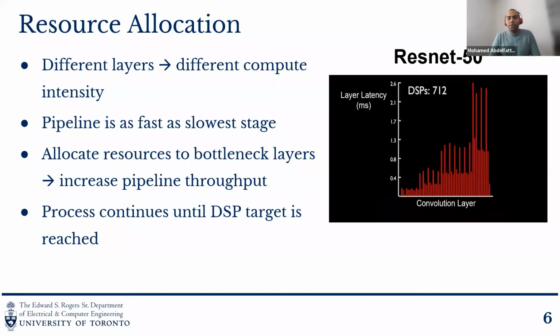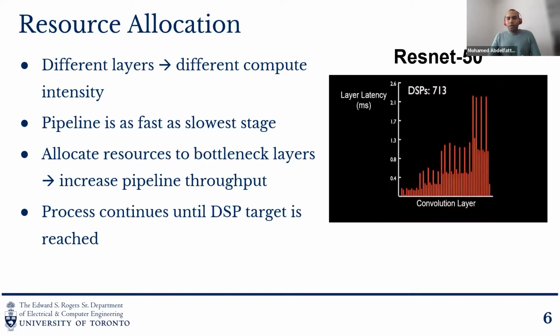On the right-hand side, you see this graph that has the convolution layers of ResNet 50 and the latency of each layer. And starting with a low DSP target like 700 DSPs, you can see that some layers on the right have a latency of 2.6 milliseconds, which limits the overall throughput of the pipeline.